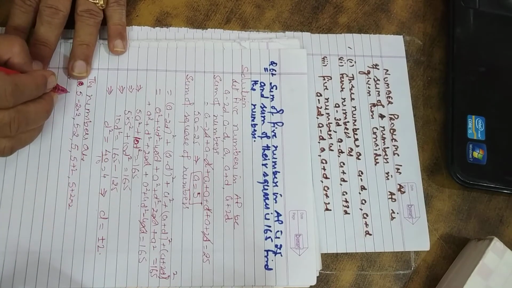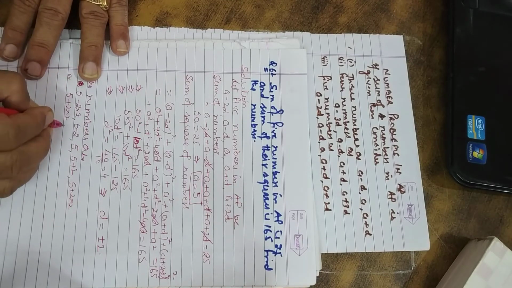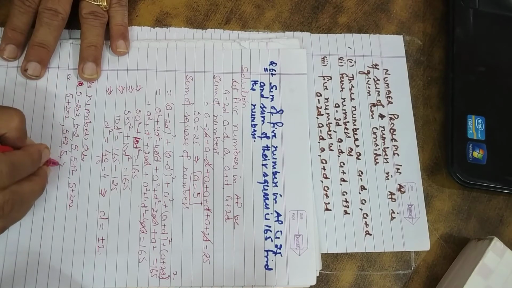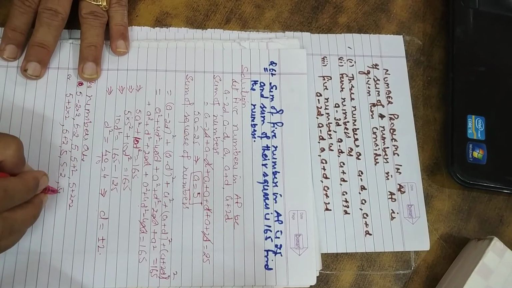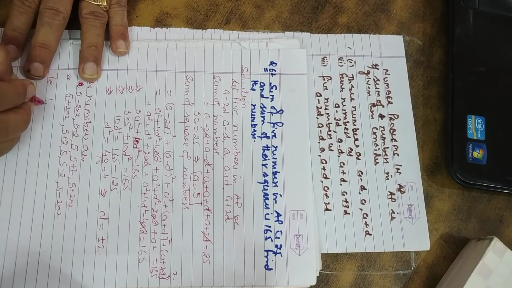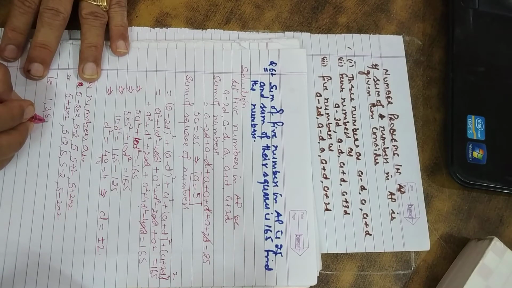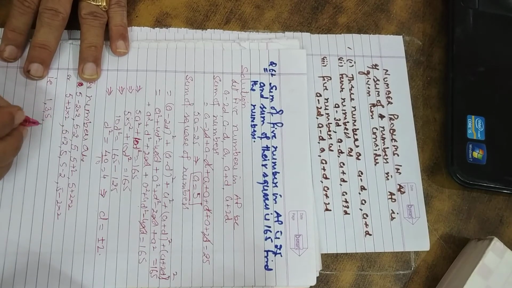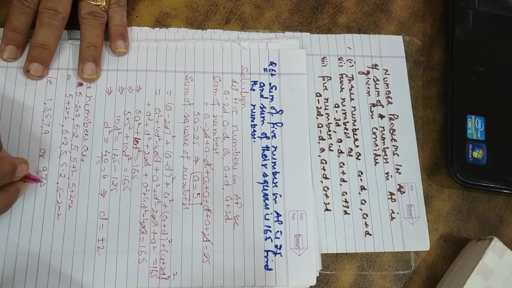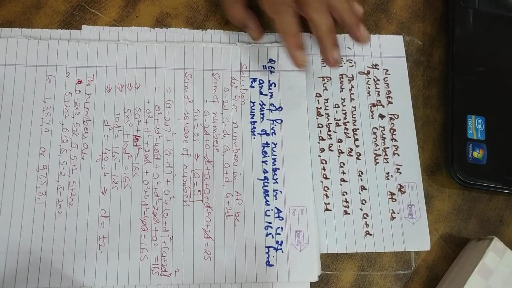Or if we take D is equal to minus 2, then A plus 2 into 2, 5 plus 2, 5 minus 2, 5 minus 2 into 2, that is 1, 3, 5, 7, 9, or 9, 7, 5, 3, 1.